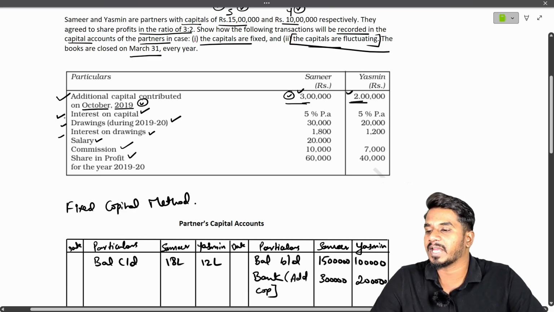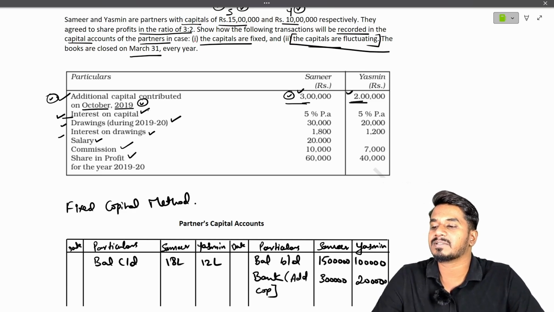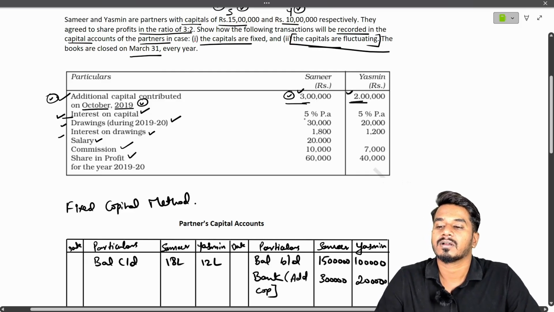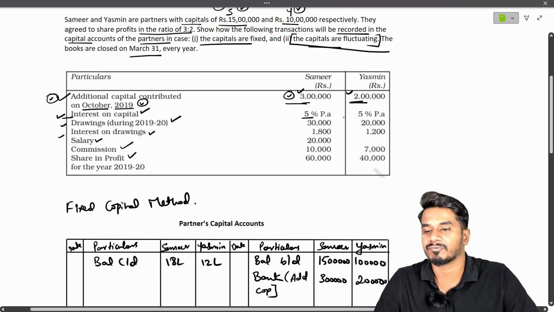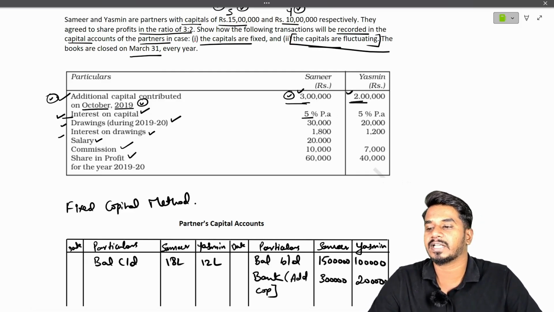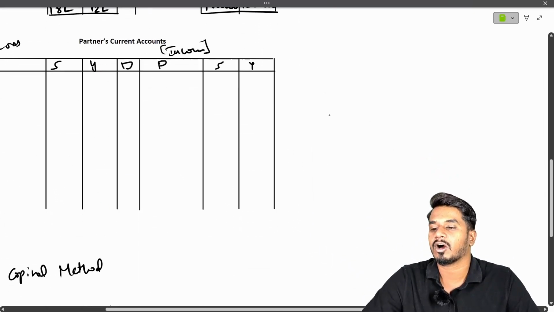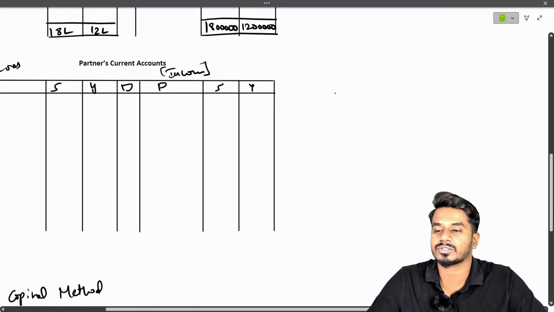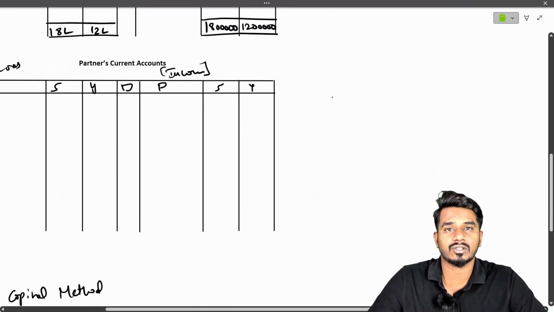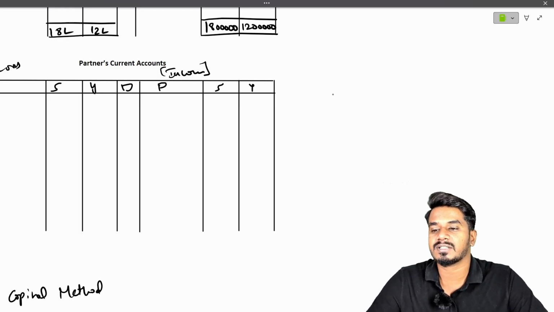So the company is paying interest for whatever capital they invested, at 5% per annum for both the partners. So we need to calculate that. First, how much is the capital they have introduced? 3 lakh and 2 lakh additionally. And what is the base capital?